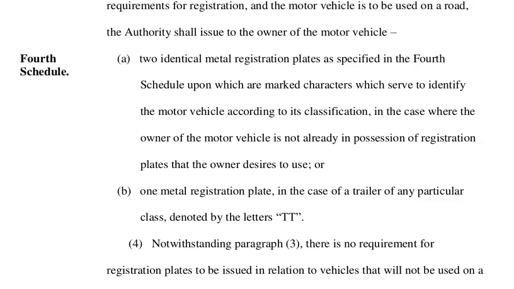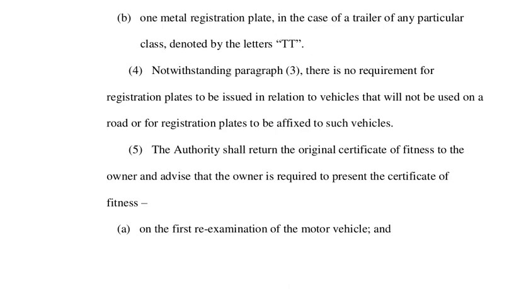Subsection 4. Notwithstanding paragraph 3, there is no requirement for registration plates to be issued in relation to vehicles that will not be used on a road, or for registration plates to be affixed to such vehicles. I think these types of vehicles that will not be used on a road could include a tractor for farm purposes, right? 5.